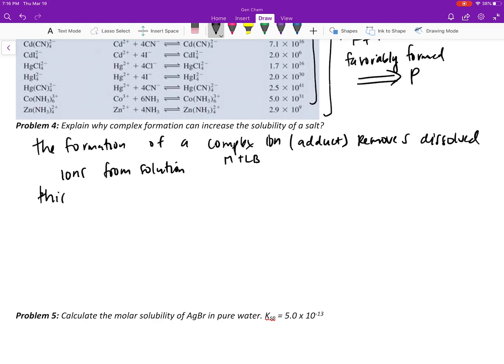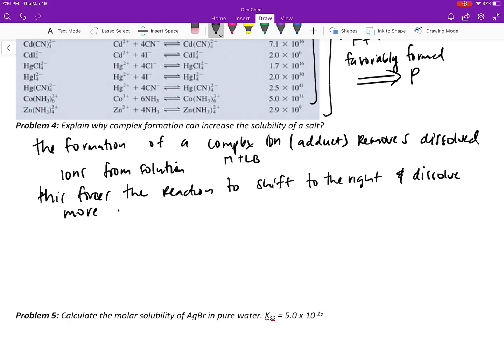This then forces the reaction to shift to the right, if we think about Ksps, and dissolve more of the solid.